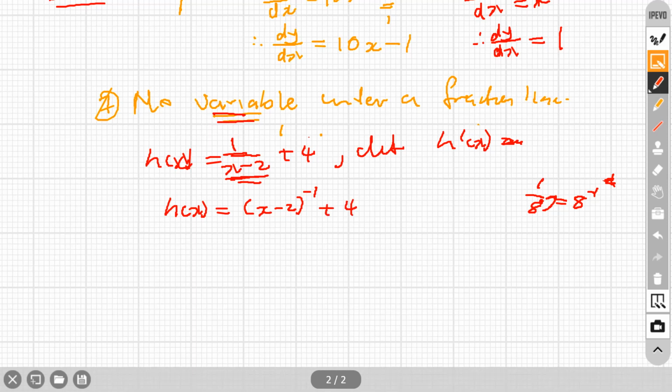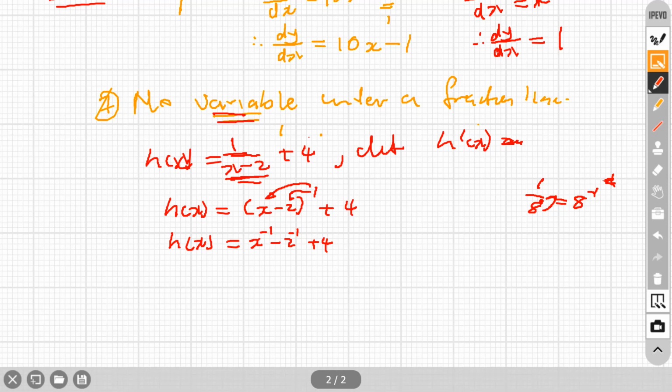This -1 goes to the same bracket, so it's the same bracket, raised to the power of -1.